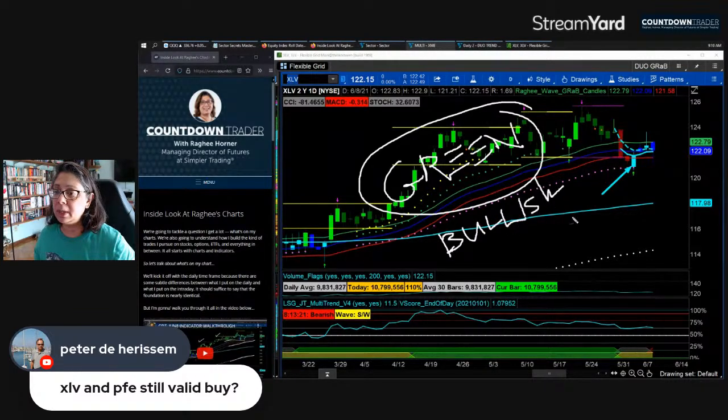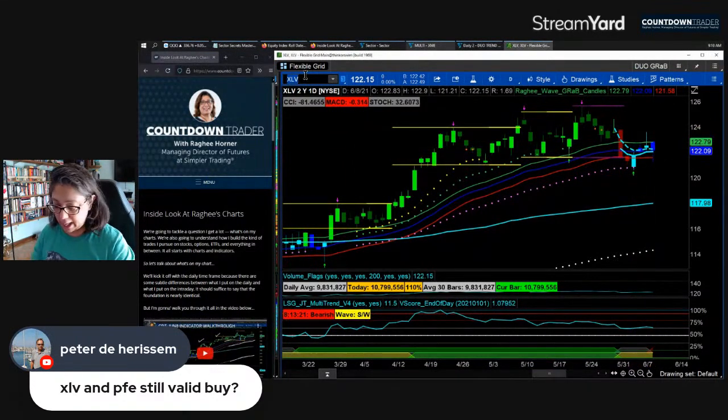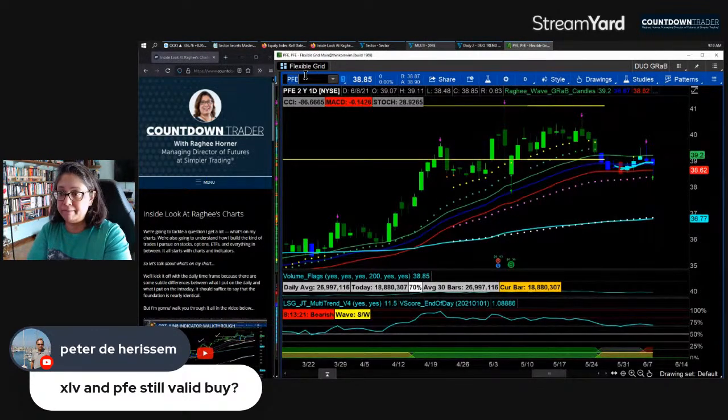So this is, for me, a precursor to a breakout. As long as we're stuck in this range, irritating, yes. Damaging, no. Pfizer is another market that we're in, and you can see here also. So this is probably a little bit more indicative of that compression that I would like to see.